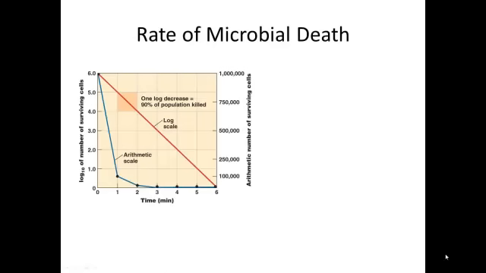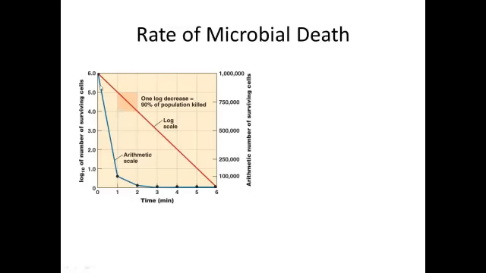Before we leave the topic of rate of microbial death, let's talk about how we score microbial death. We generally do this on a logarithmic scale. Now in this chart we have an arithmetic scale where for the time frame here we're looking at our exposure time as being 1 minute. In this case, in 1 minute we get 90% kill of our organisms.